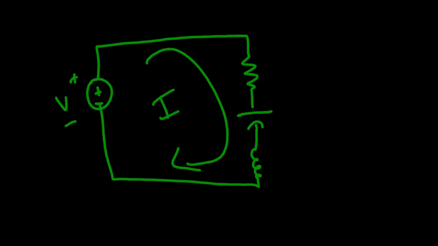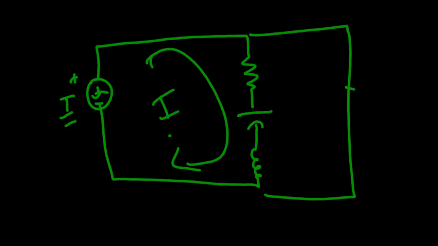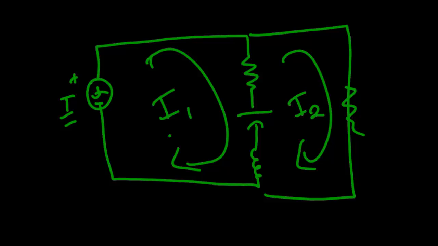If it gave you this as a current source, I, then this whole system is just I. Unless you add another component, a resistor right there, and we'll call that I1, and this I2. Then I is just the combination of those two added together. Okay.